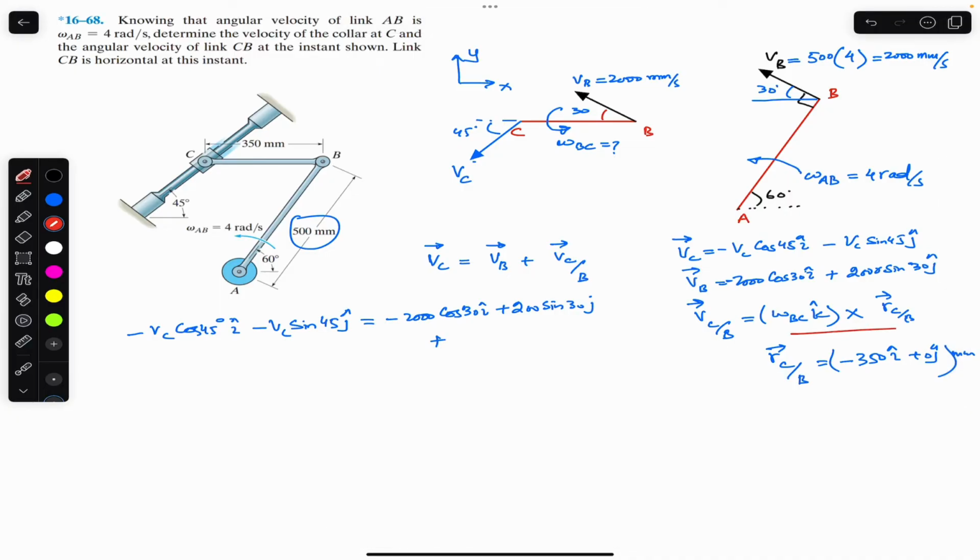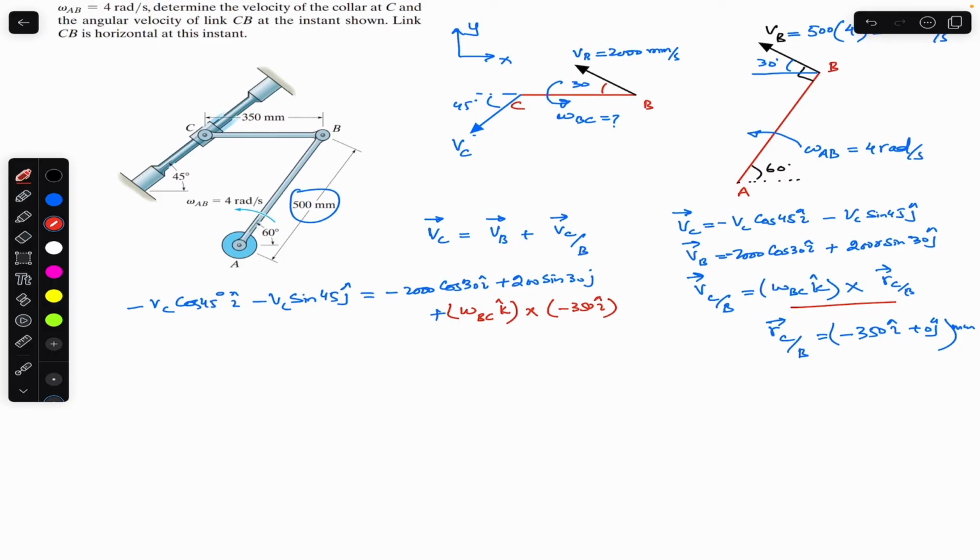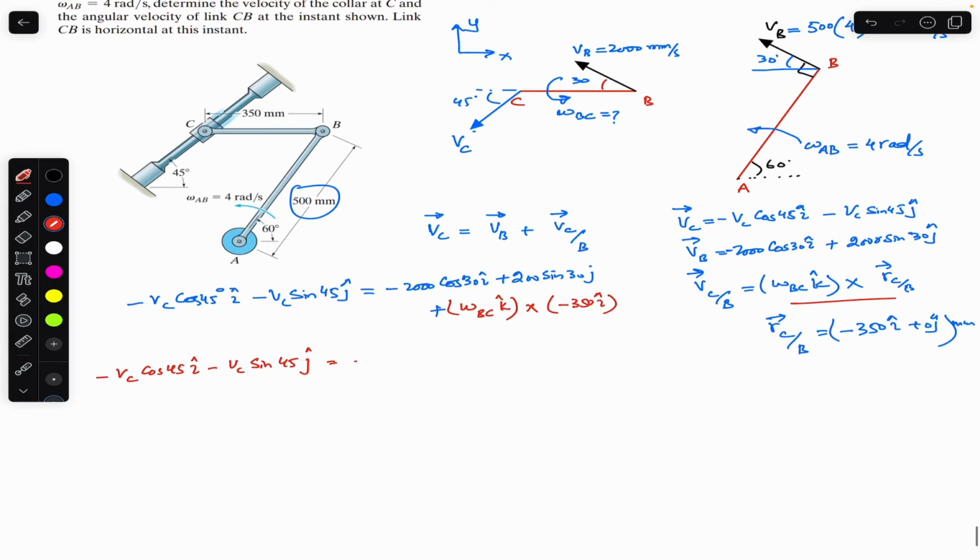So we can write omega bc k cross product with minus 350i plus 0j, right? And now we need to take this cross product, so i, j and k.